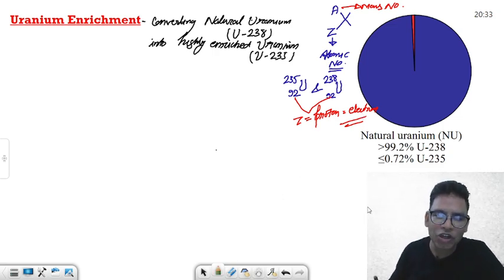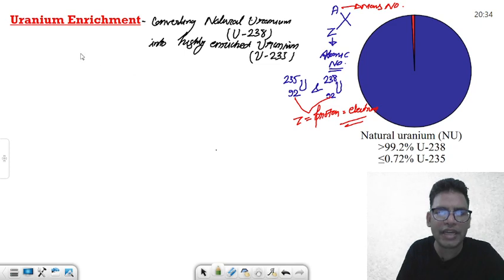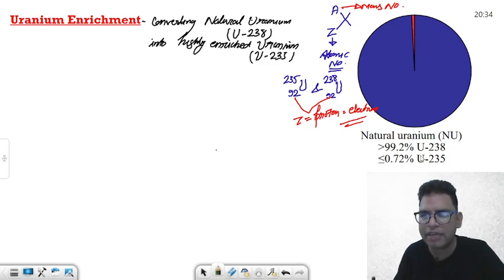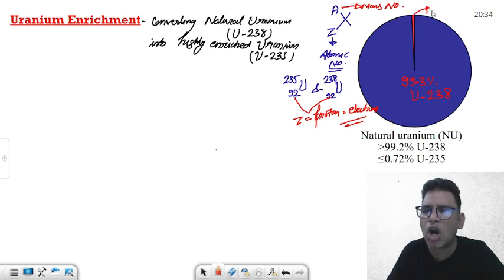But this uranium-238 is not fissile, right? Natural uranium consists of roughly 99.3% uranium-238, and a small 0.7%, or 0.72%, is basically uranium-235.